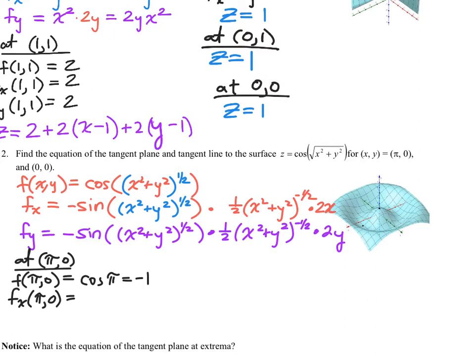Because we know that the inner function here for (pi, 0) is going to go to pi. What is the sine of pi? 0, which means all of this is zeroing out. All right. So much easier to do it that way than even typing it into the calculator.